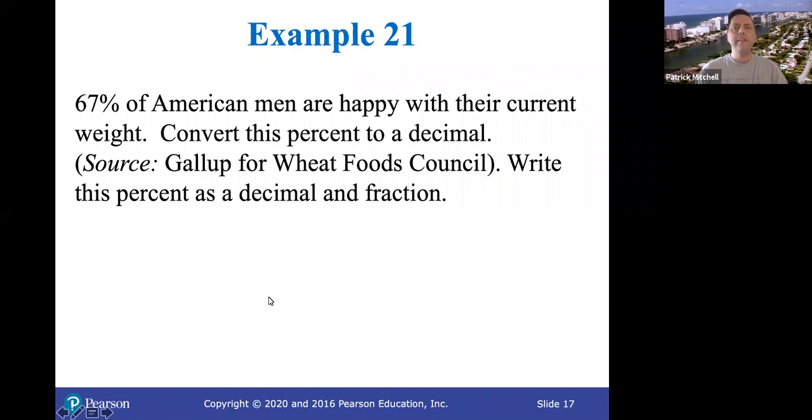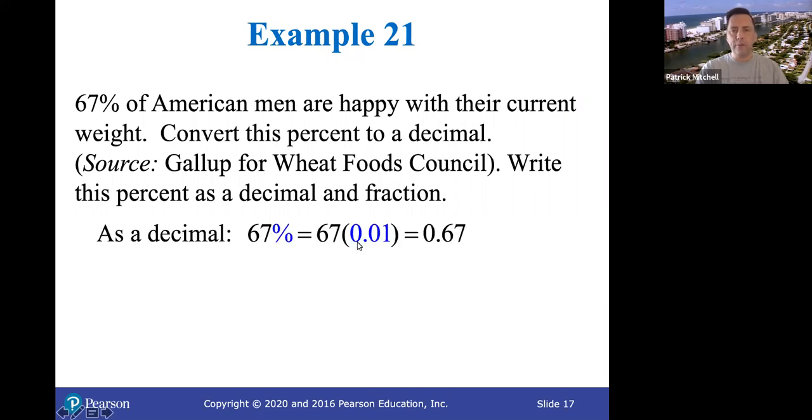All right, 67% of American men are happy with their current weight. They want us to convert this percent to a decimal. Okay, so I'm starting with a percent and I'm trying to make it not a percent. So this is where you take the percent sign, replace it with 1/100th, and because I'm trying to get a decimal, I'm going to use this form of 1/100th.